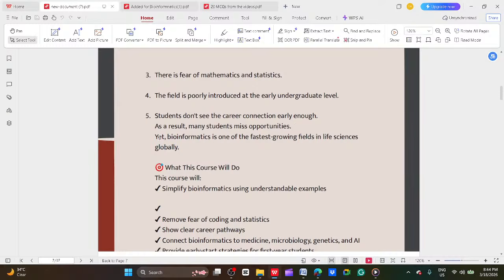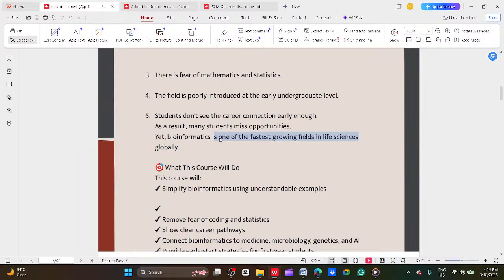Bioinformatics is one of the fastest growing fields in life sciences, not only in Nigeria but globally. So once you have a certificate, once you can tell anybody that you offer bioinformatics, they will just be looking for you.